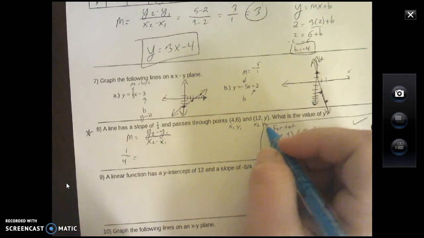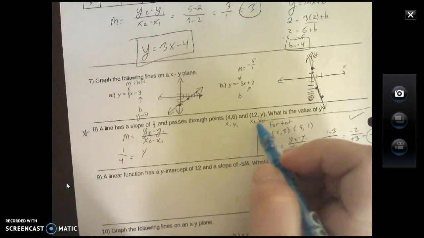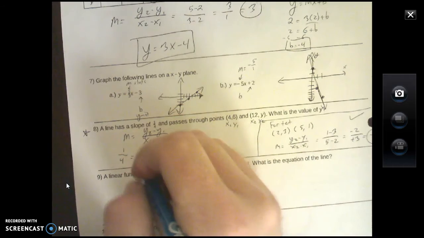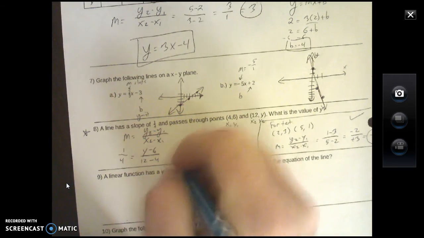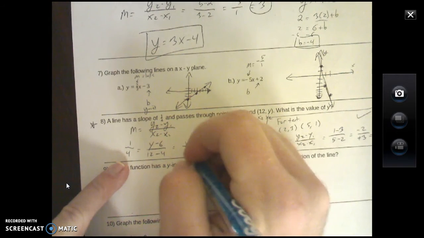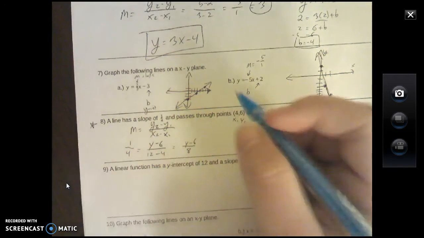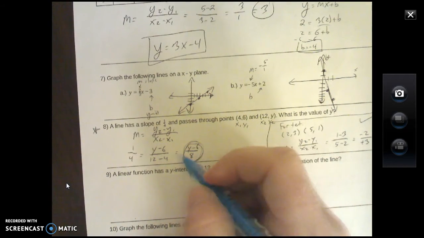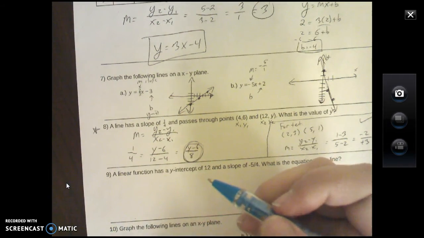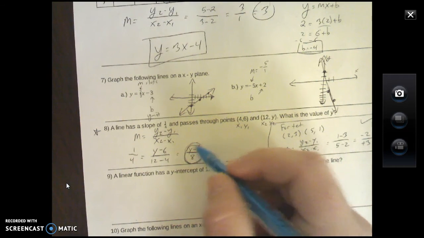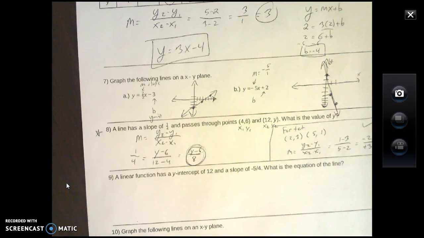I plug in y for y2: y minus 6 over 12 minus 4. Now, if I clean that up, on top I get y minus 6, and on the bottom I get 8. Well, I want this to turn into 1/4. Think about it: what number on top will turn something over 8 into 1/4?